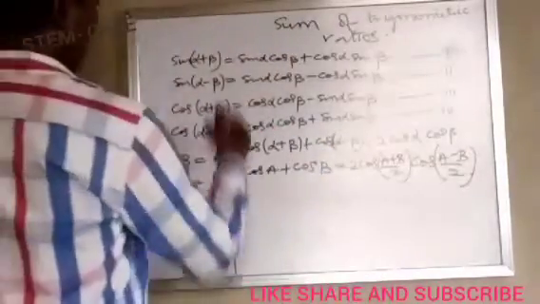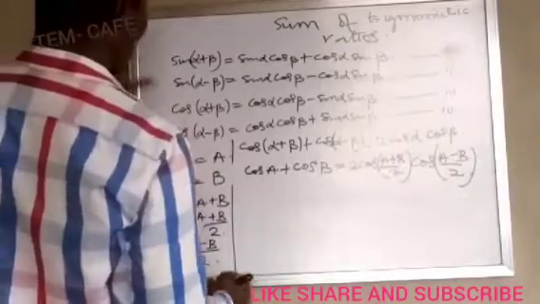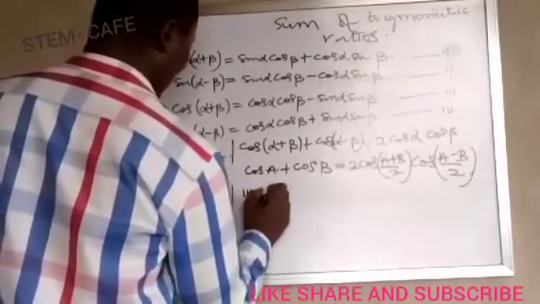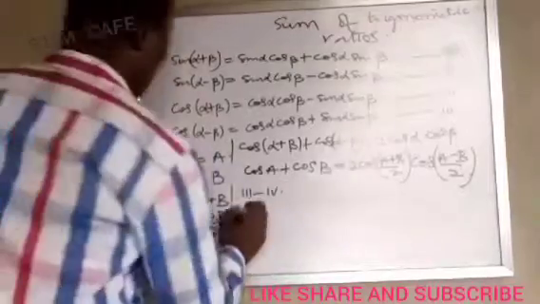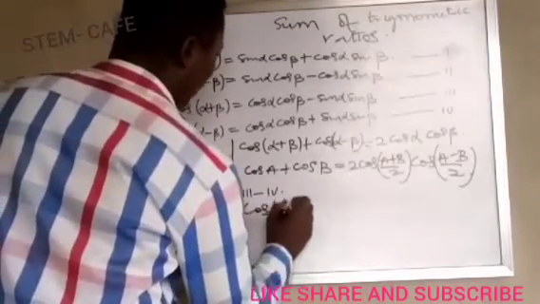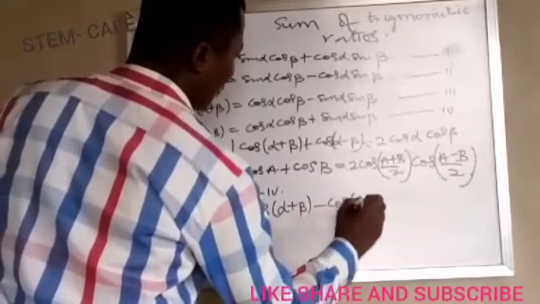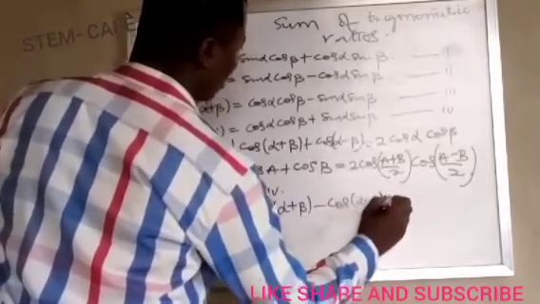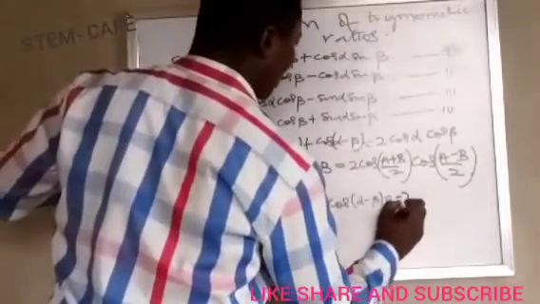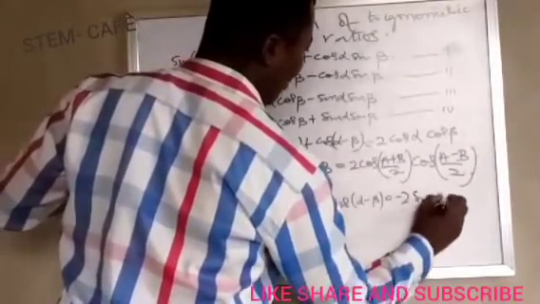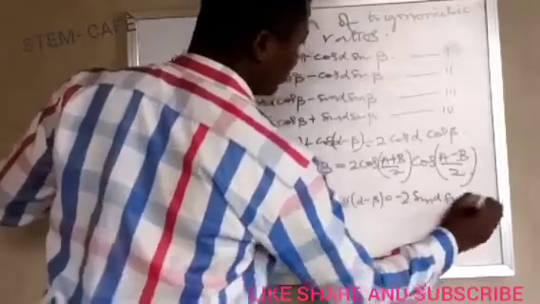Now, let me subtract equation 4 from 3. So I'm going to have cos(alpha plus beta) minus cos(alpha minus beta) is equal to minus 2 sin alpha sin beta.